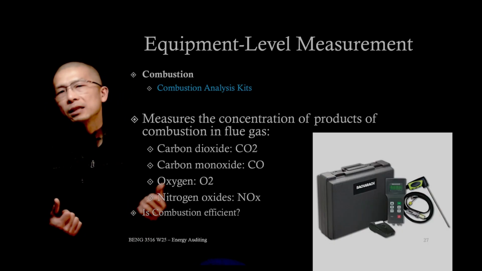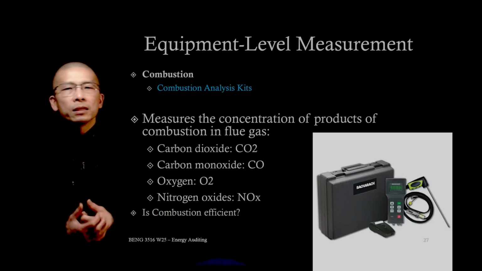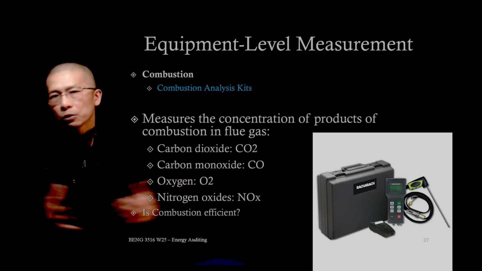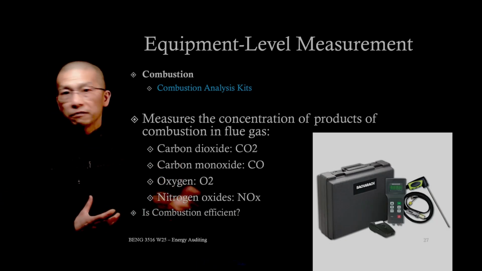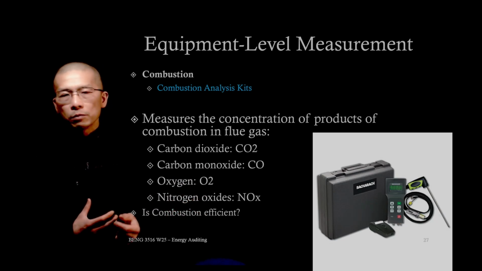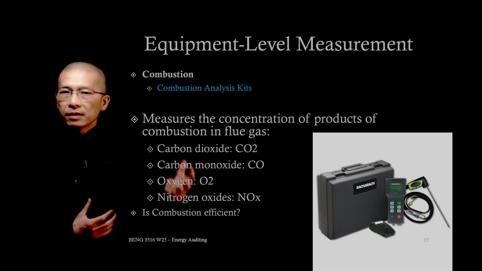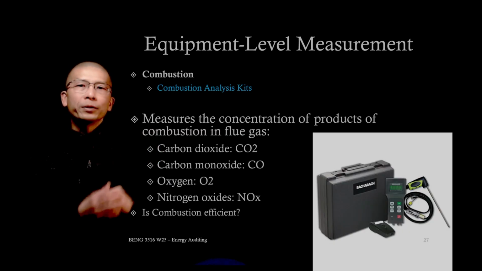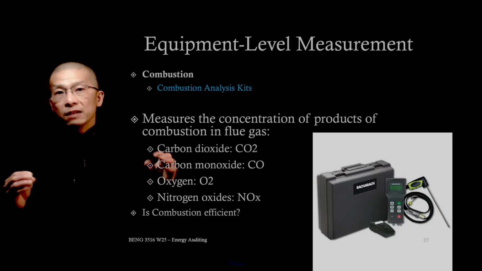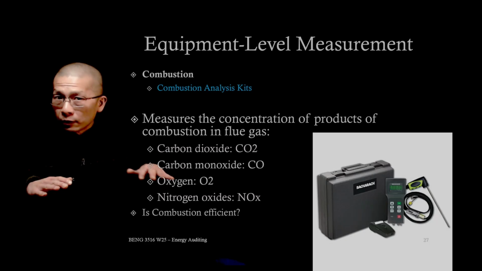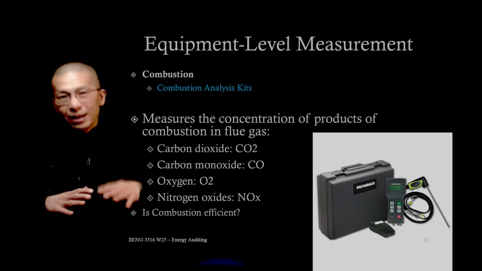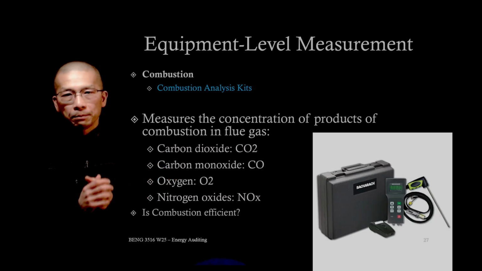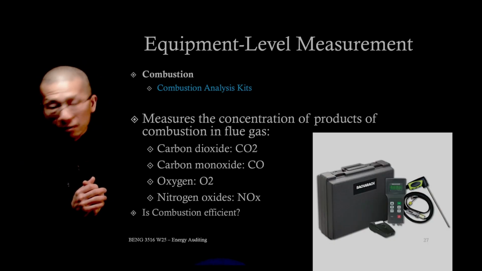We want to know how efficiently and safely fuel is being burned in equipment like boilers and furnaces. By analyzing what's in the flue gas, we can determine whether the air-fuel ratio is right. You want the right ratio to have the best combustion possible. Too much air is also not good.